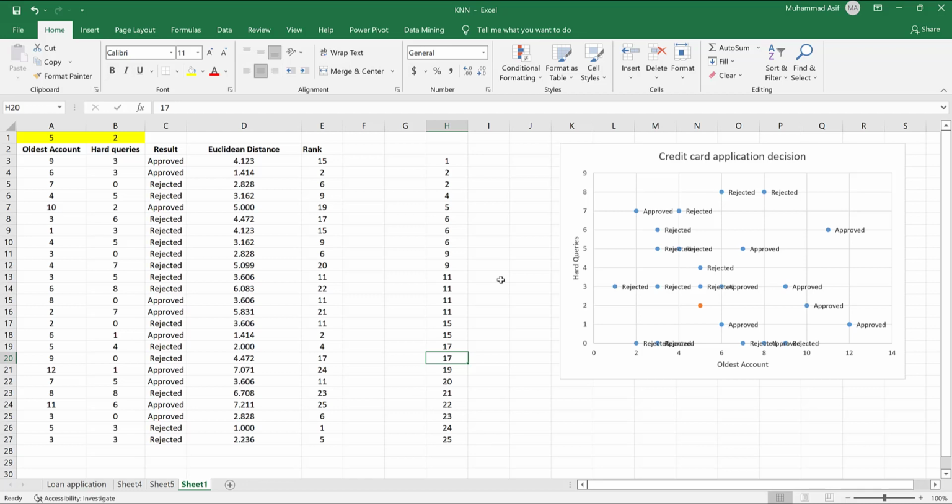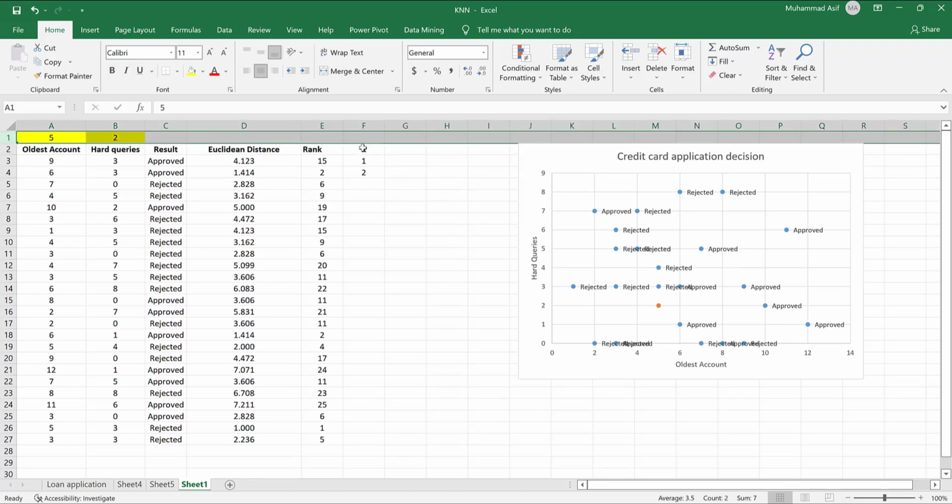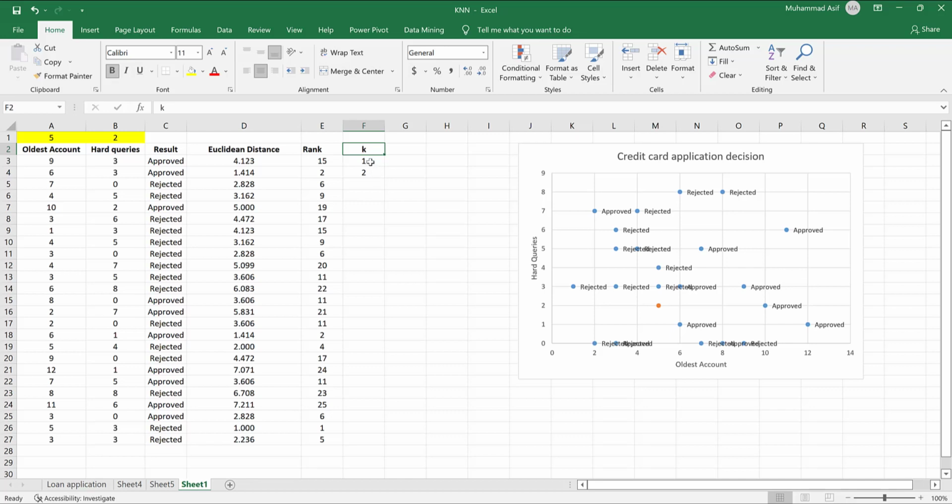Now the next step is to make a decision about how many closest points you want to compare your query against. So for instance, let's say I want to compare it with the 2 nearest neighbors, and of course I can expect that my answer will be reject, because these 2 nearest neighbors are this one, that's a reject, and this is also reject if it is taken by Excel, or this one, if it is taken, then it will be approved.